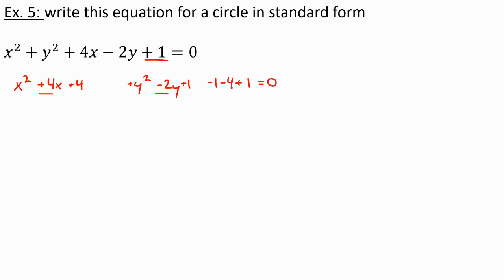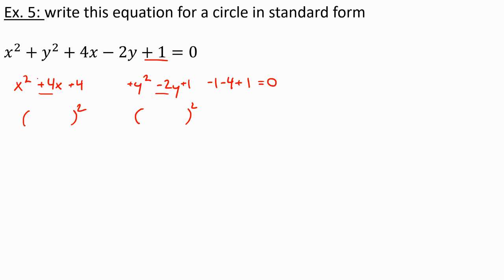Remember, if we add in 4 and plus 1, we have to subtract them out as well. Otherwise, we're cheating, and we're doing something that doesn't logically make sense. We have to account for that adding of 4 by subtracting it out. Now, we're ready to put it into parenthesis form.